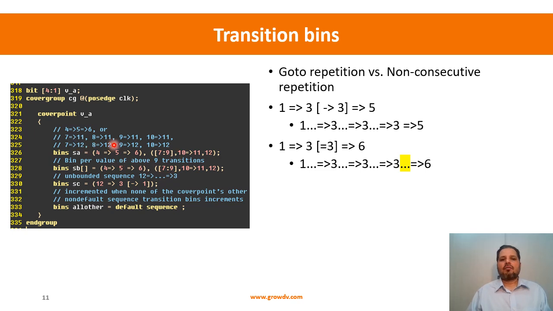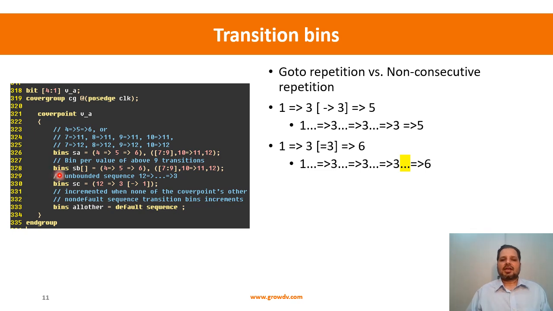So for all 4 values it will look for transition to 11 and 12, resulting in a total of 9 bins. If any one of the 9 takes place, the bin count for SA gets incremented, very similar to the way we had done it for the value coverage bins in the case of Coverpoint. Note that for the transition bins we don't have the curly braces. We don't need that. Just pay attention to that.